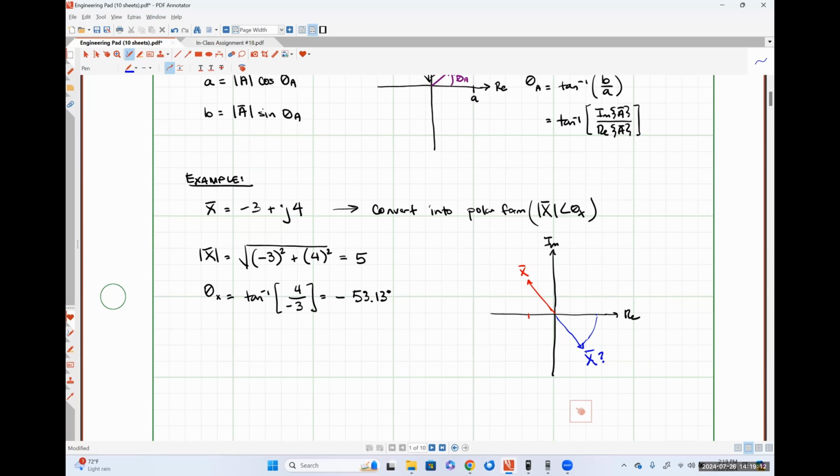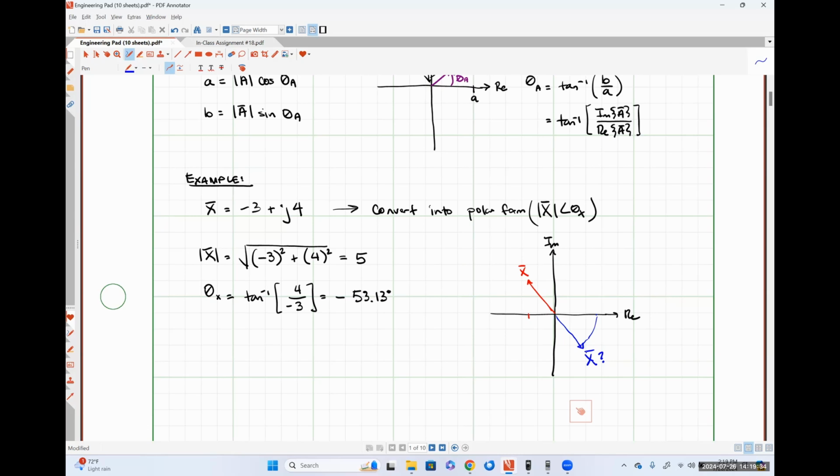And it appears to be, and it actually is, exactly 180 degrees away from what our rectangular coordinates tell us it should be. Can anybody think of the reason why that might be the case? It's the negative sign on the 3.